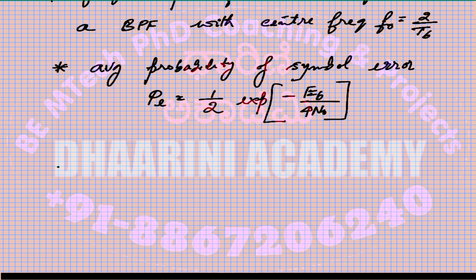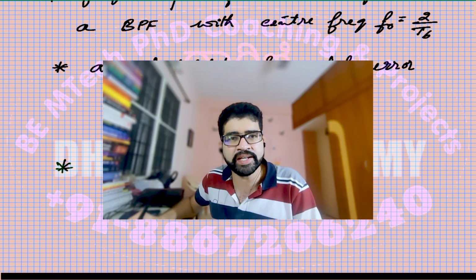Because FSK falls under binary orthogonal modulation, there are two phi values: one phi along the x-axis, phi one, and the other along the y-axis, phi two. Two basis functions which are orthonormal have been used.